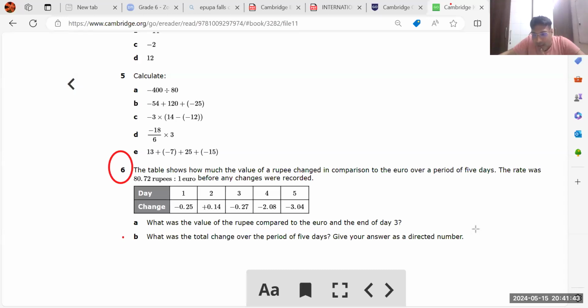You guys can write in rupees and Aussie will write in Australian dollars.